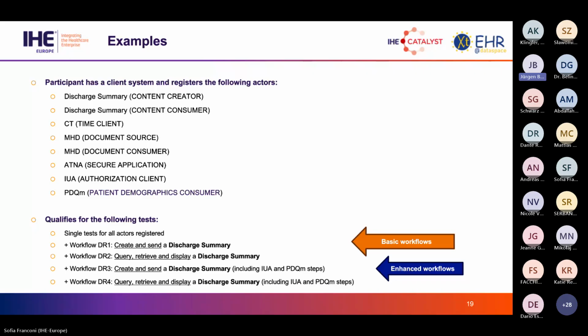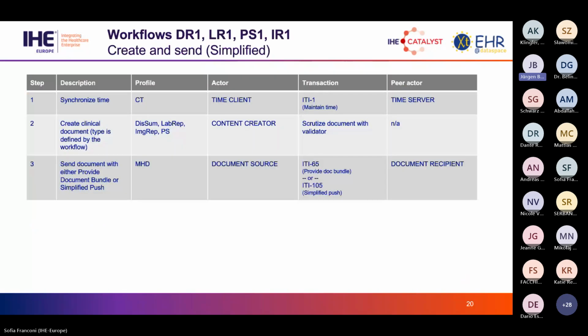And now lastly, you see how a step looks like, for example. For the clinical workflows, they all have the same steps. It's only the document type which is differing.